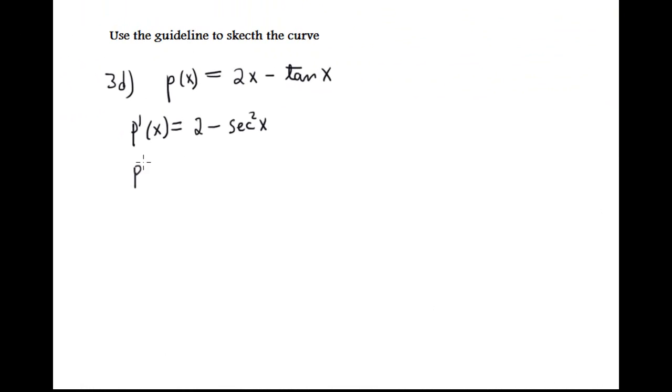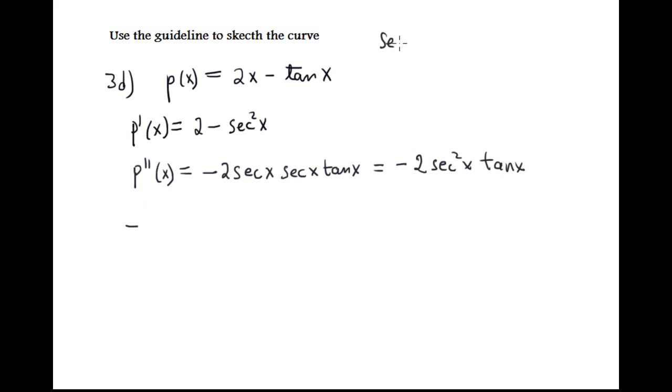Okay, now the second derivative. Derivative of 2 is 0, and derivative of secant squared is, derivative of secant is secant tangent, so this is minus 2 secant squared x tangent x, because secant times secant tangent. Then, using the trigonometric identity, I know that secant squared is equal to tangent squared plus 1.